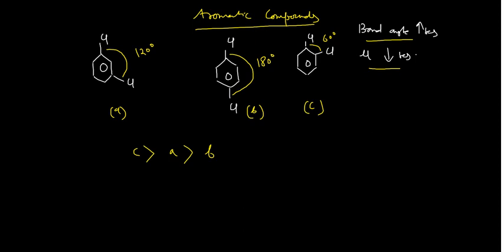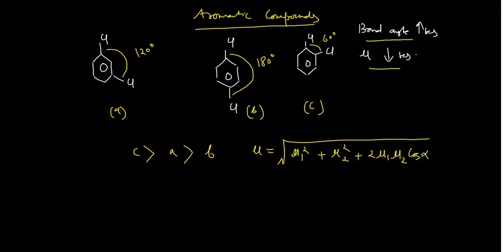And mathematically you can calculate this, right? There is a formula to calculate all these things. That formula is mu equals, that means dipole moment equals the square root of mu1 square plus mu2 square plus 2 mu1 mu2 multiplied by cos alpha or cos theta, whatever you want to write.